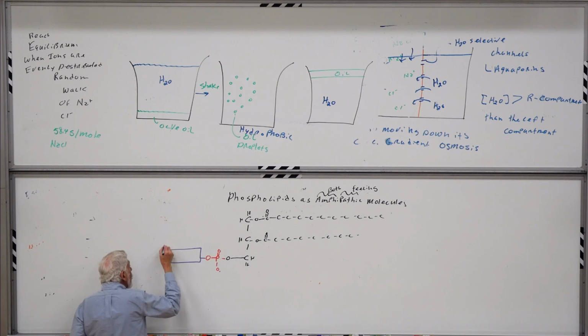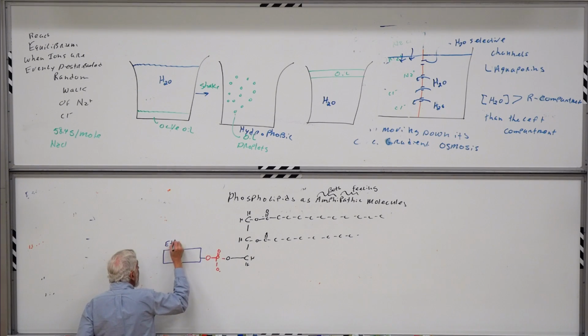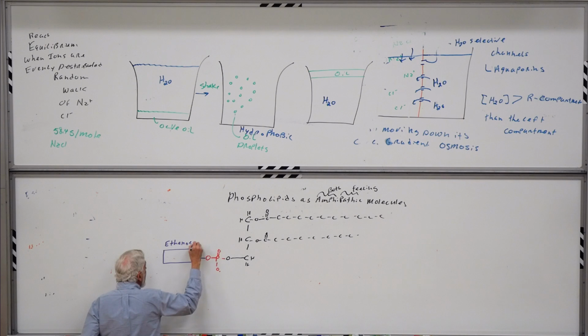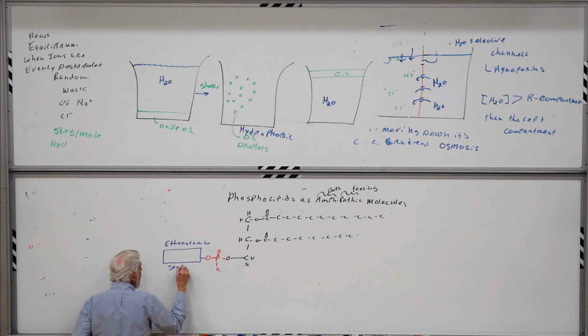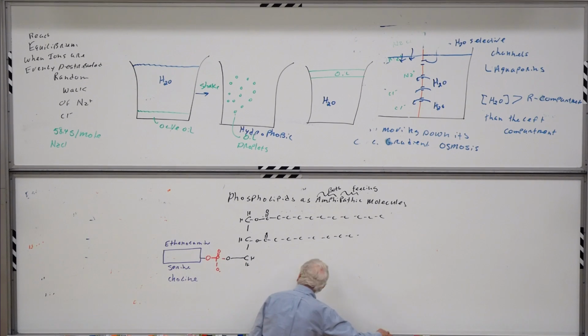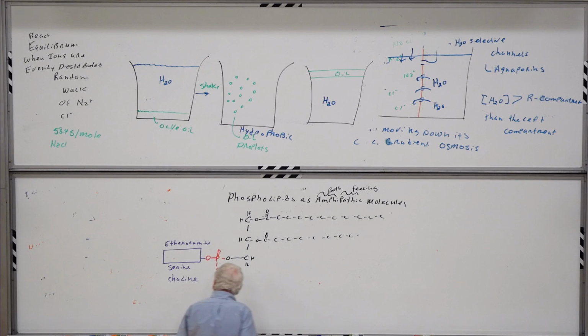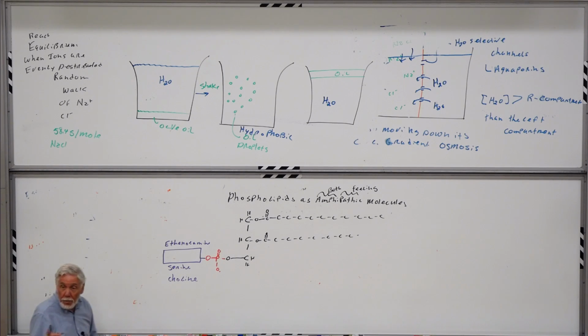This structure could be an ethanolamine, it could be a serine, or it could be a choline. Let's take first the ethanolamine. The ethanolamine is a 2-carbon structure.